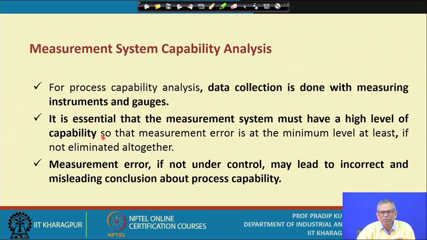Supposing, to what extent are you able to measure a particular dimension? Suppose the true value is 20.5. Are you getting 20.5 with your measuring instrument, or are you getting 20, or 19.5, or 20.8? Is there any substantial difference?